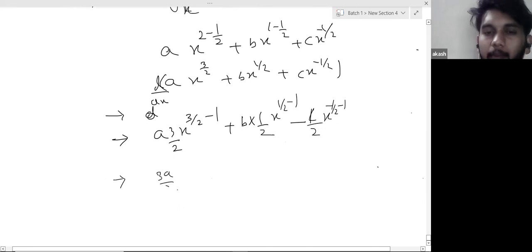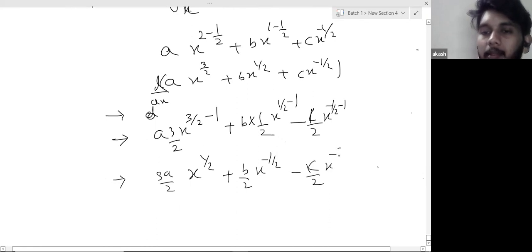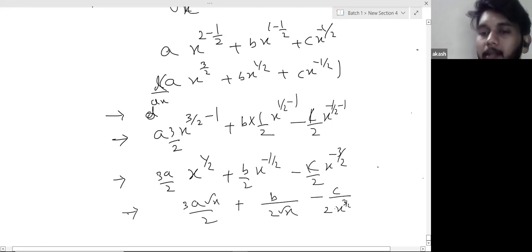So this is 3a by 2 x raised to the power 1 by 2 plus b by 2 x raised to the power minus 1 by 2, minus c by 2 x to the power minus 3 by 2. What you can write here is 3a root x by 2 plus b by 2 root x minus c by 2 x raised to the power 3 by 2.